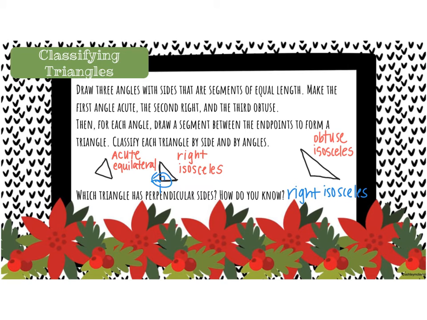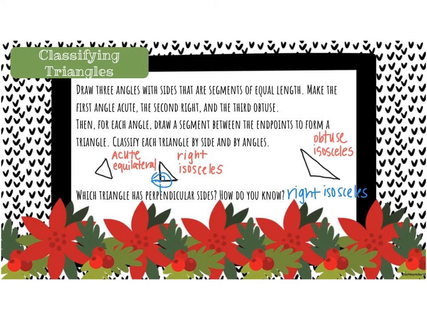How do we feel so far? Good. Do we need to do more practice? Let's do one more. Okay, erase your boards. I want you to draw an acute angle.